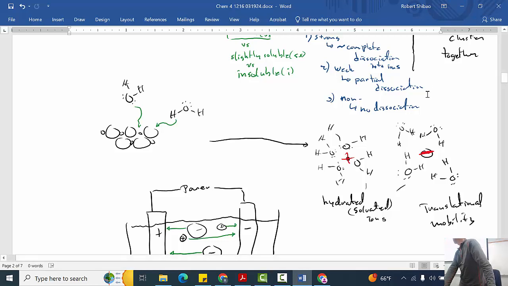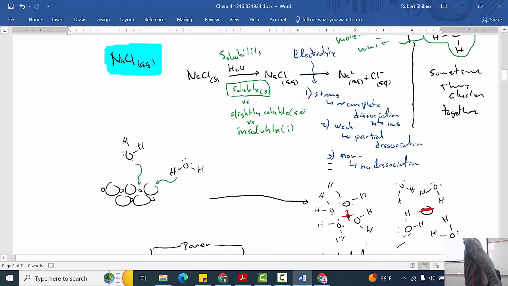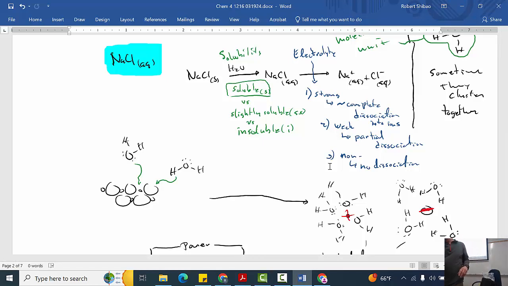But the way our book defines it is like this. Our book defines a strong electrolyte as something that completely dissociates into ions. So what happens here in the dilute sodium chloride is it is completely dissociated, but its concentration is very small. Over here, this completely dissociates, although it's not 100% soluble.